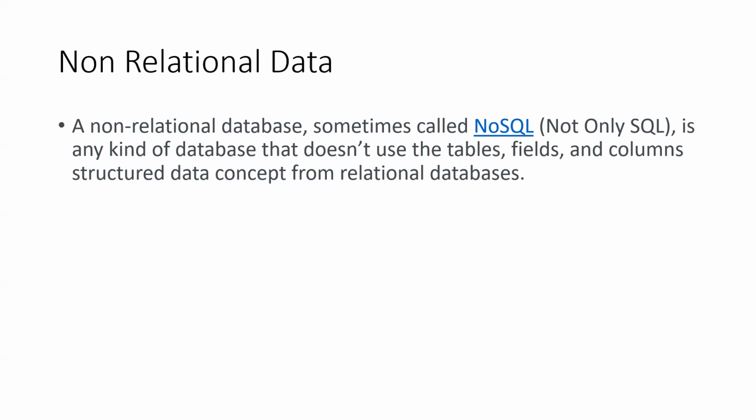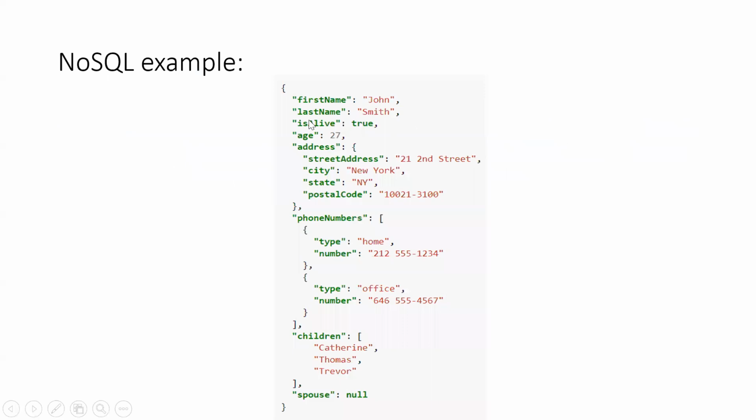This kind of storage pattern with key-value pairs is not a table or columnar format. It's a key-value pair, a semi-structured database. It's called NoSQL, meaning not only SQL. We are storing data in this kind of format.